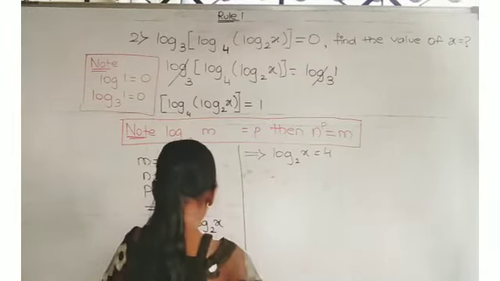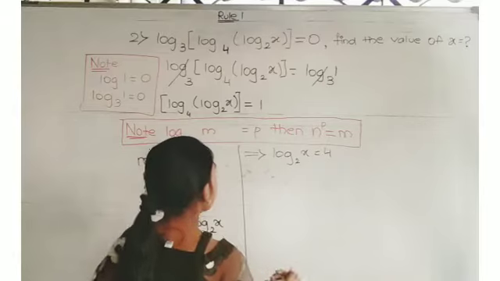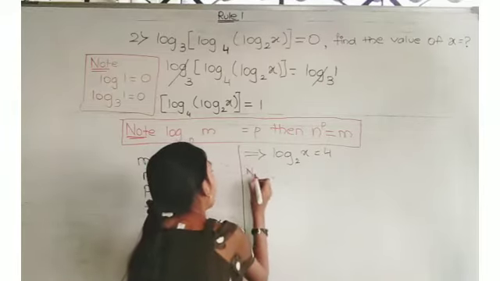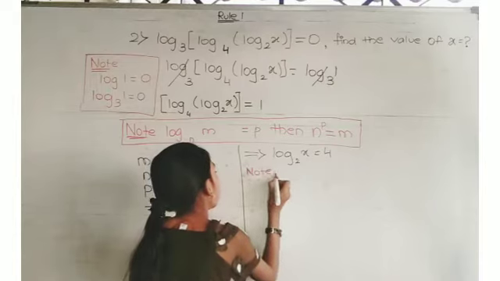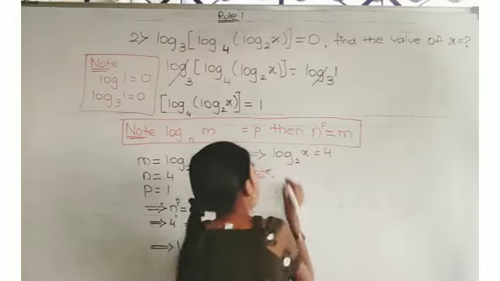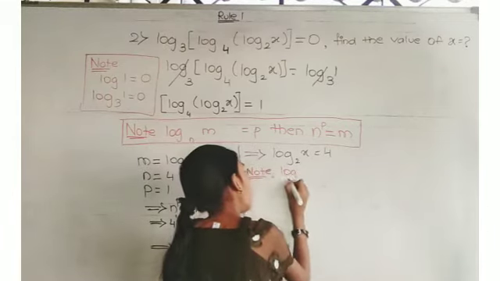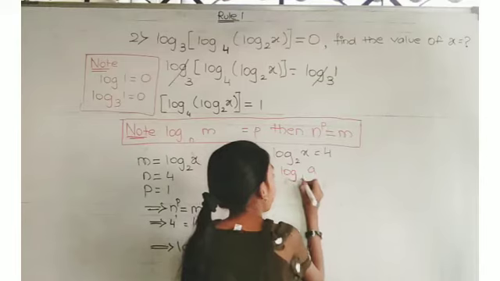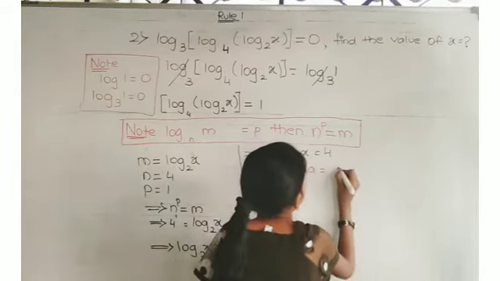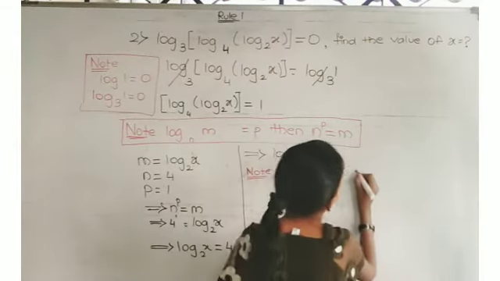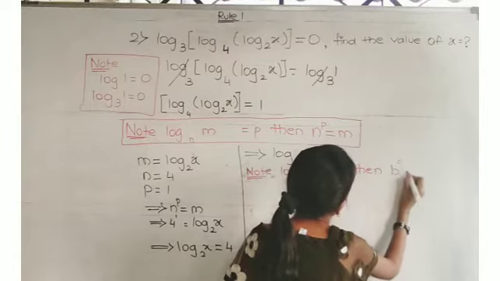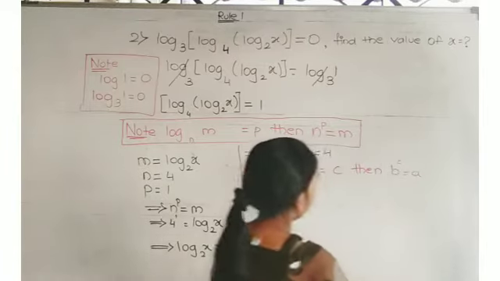Now here we are going to use one more formula. So note down the formula which we are going to use here. The formula is log a to the base b is equal to c, then b raised to c is equal to a.